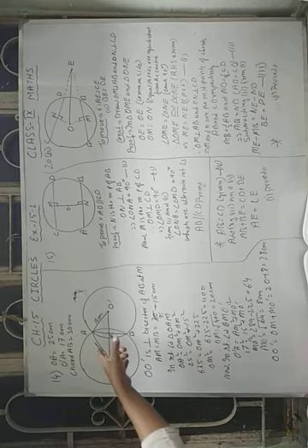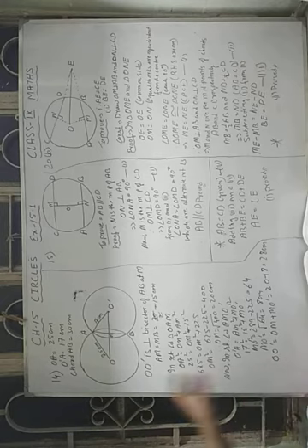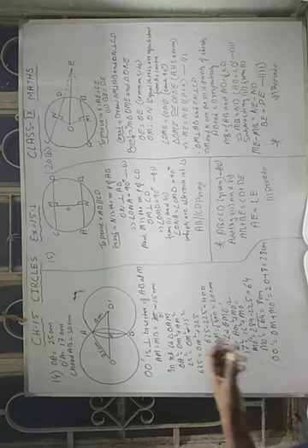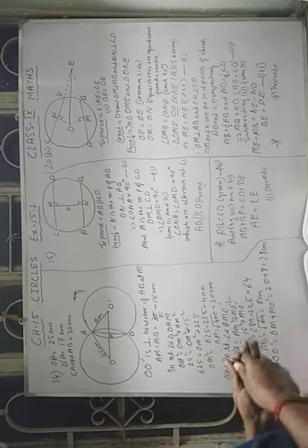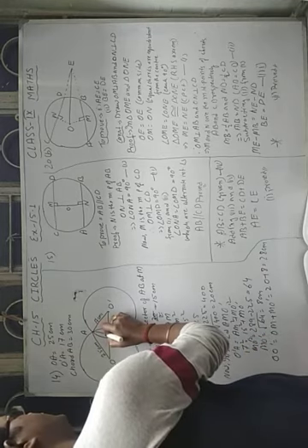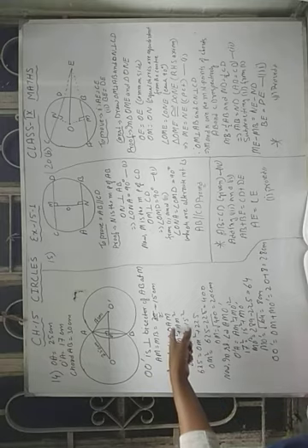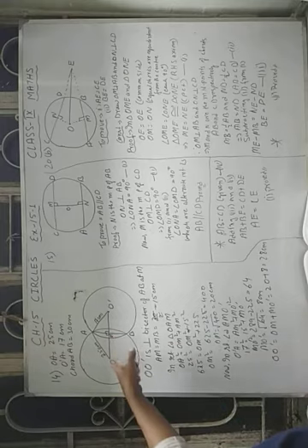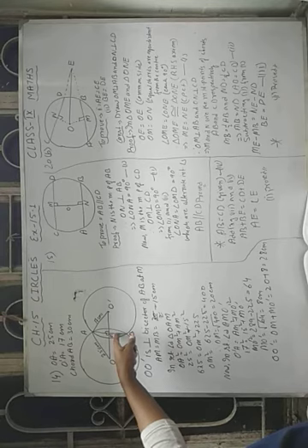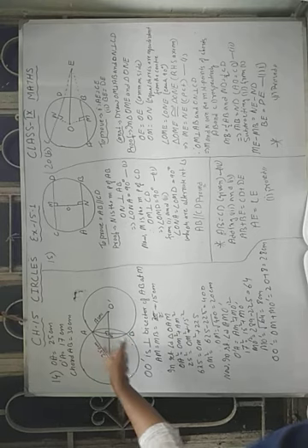Now I have to take the triangle two times. First of all, here is the perpendicular. In the right angle triangle OMA, or you can say triangle OAM, OA is the hypotenuse and these two are the other sides.